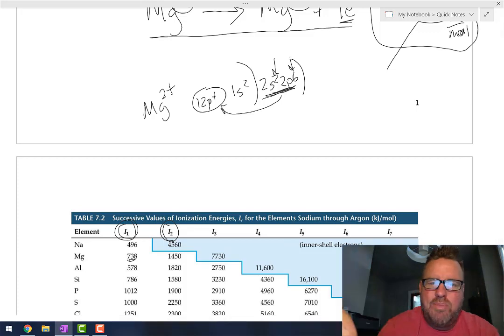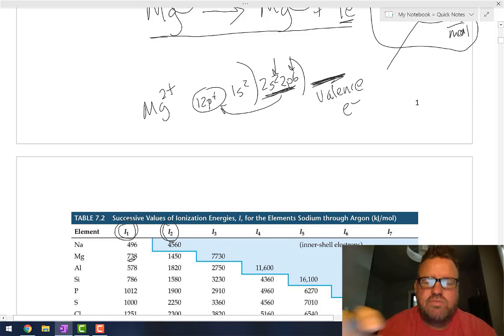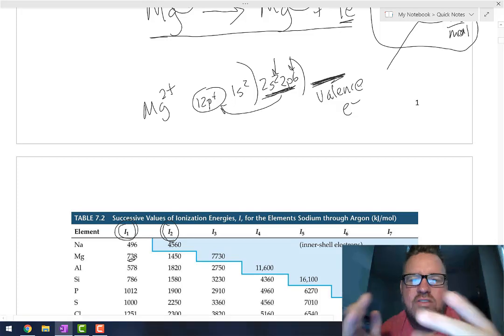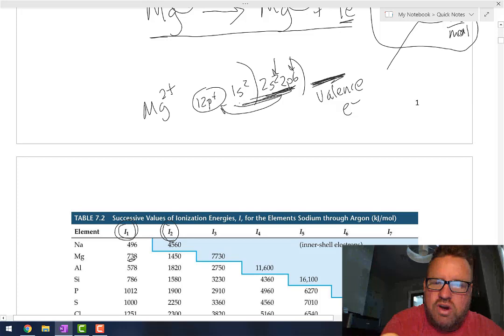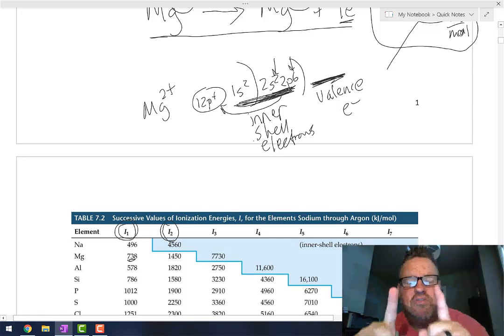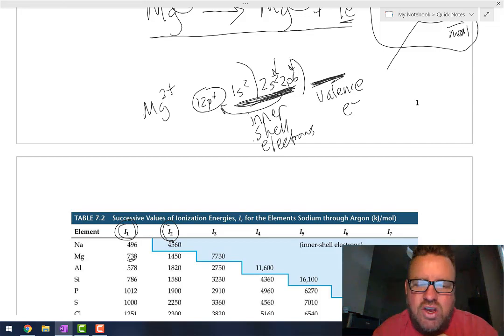And so what happens is, when all of the valence electrons have run out, when you've taken all of those valence electrons away and you start to take away these electrons, these are called the inner shell electrons. Once you start to take away the inner shell electrons, what you find is a very, very big jump in the ionization energy.